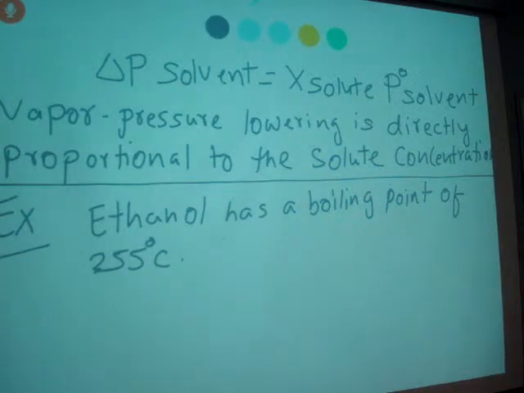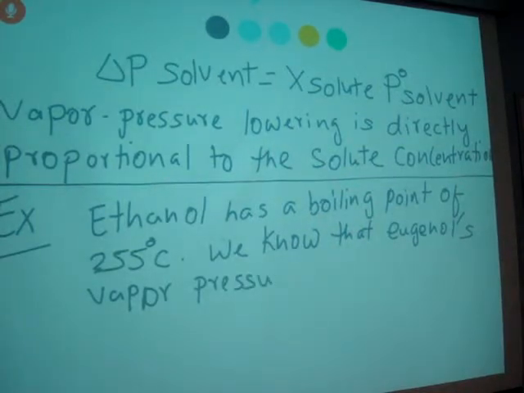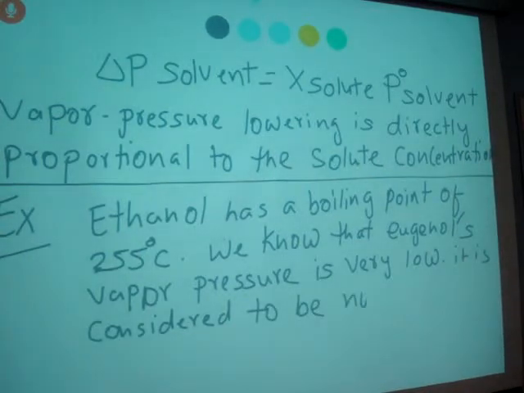Now, as a result, we know that eugenol's vapor pressure is very low, and it is considered to be non-volatile.